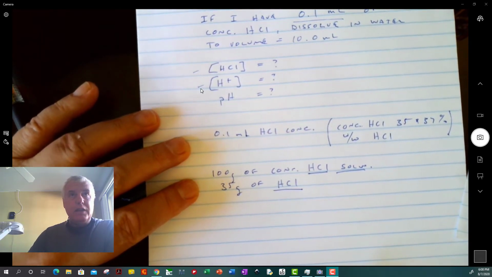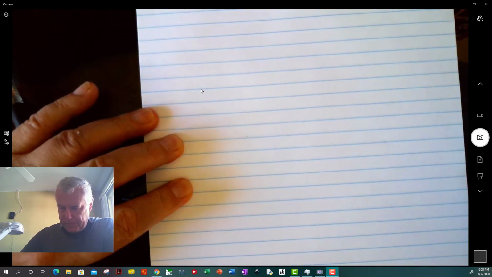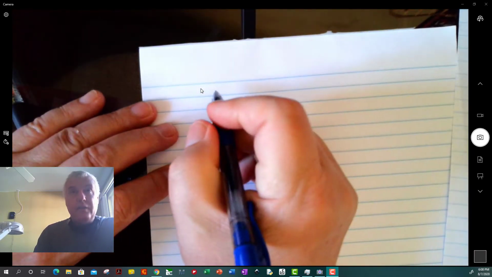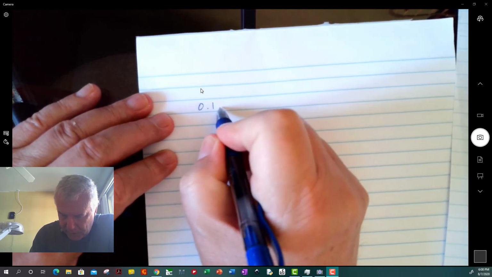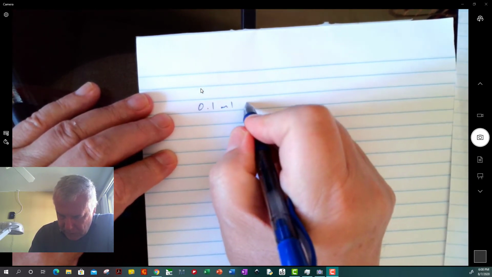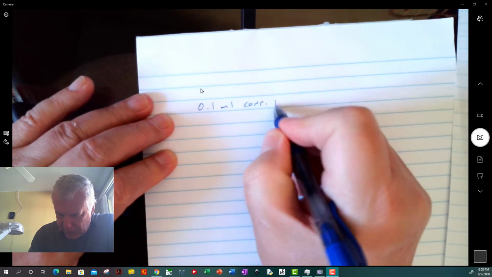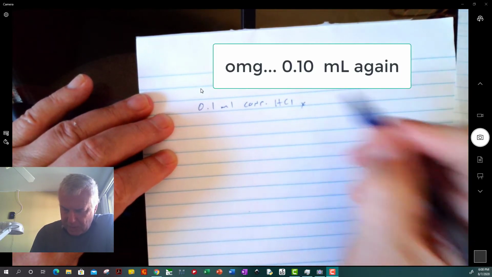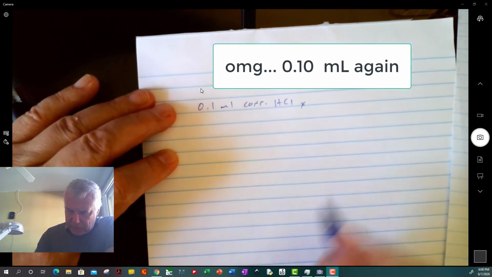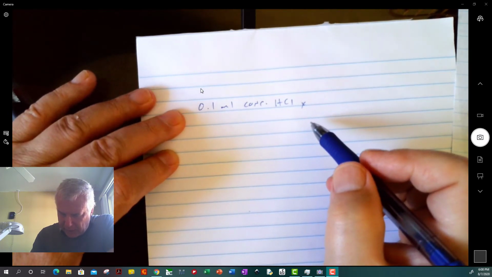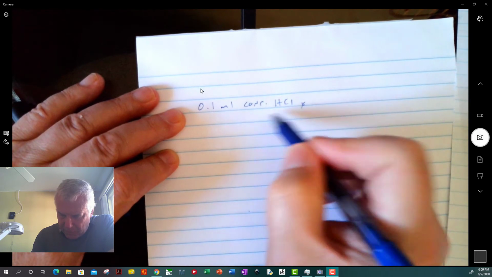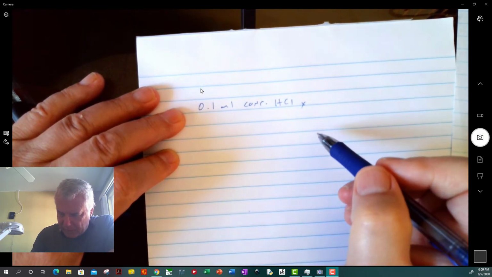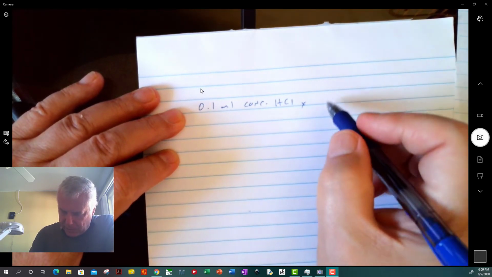So let's go ahead and do this calculation. We have 0.1 mL concentrated HCl. Now we have to do a transformation that gets us from mL of concentrated HCl to grams of HCl.